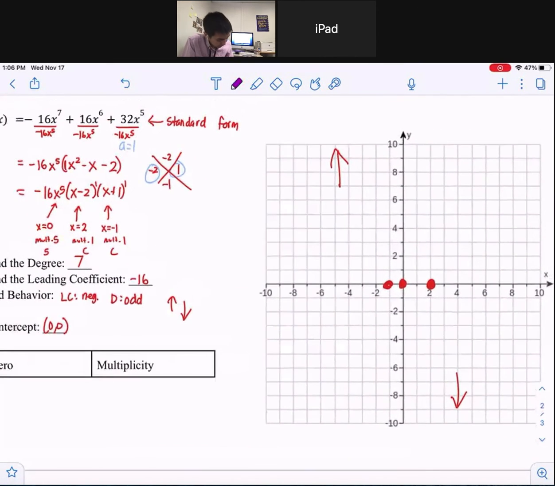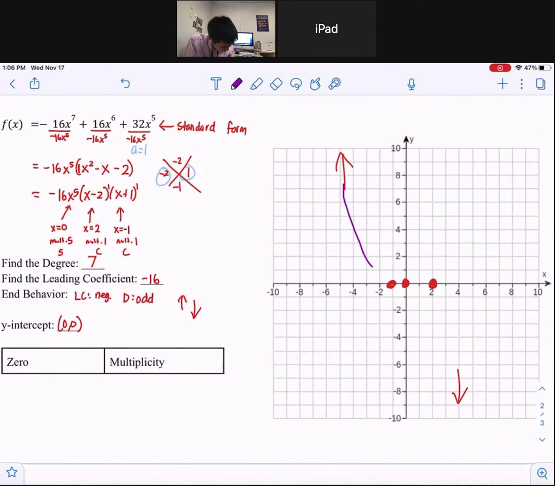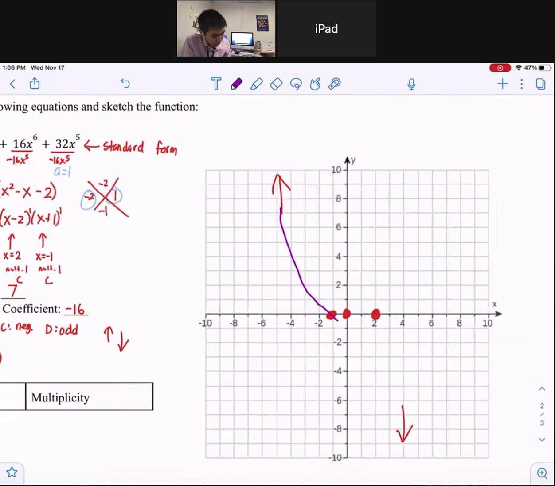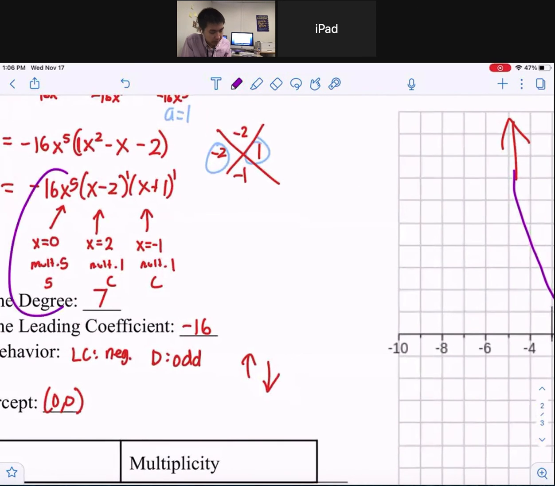Okay, now when we come up to the first 0, it's at x equals negative 1. That is where you cross. So you are going to cross at that 0. Now, we're coming up on the next 0, which was at x equals 0. That's where you do a slide.